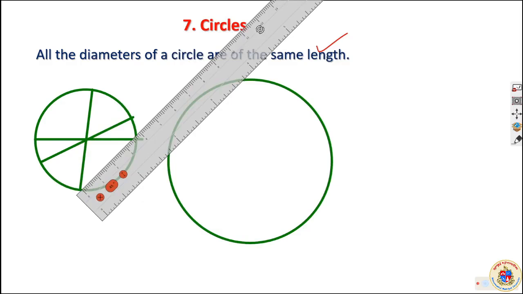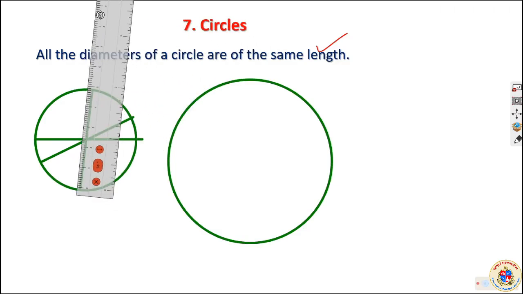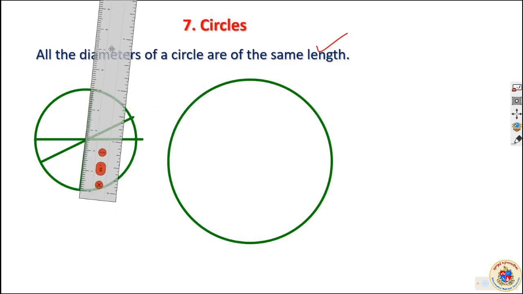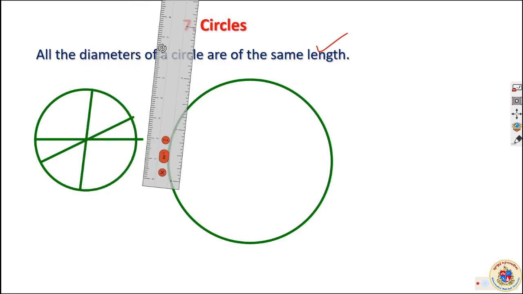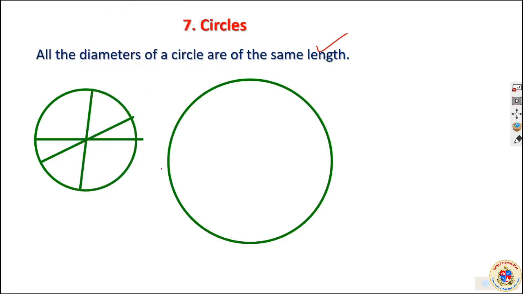Yes. Measure the third one. That too is 5 centimeter. That means the statement that all diameters of a circle are of the same length is true. We did it practically to see that.